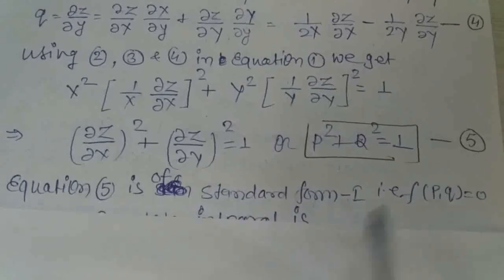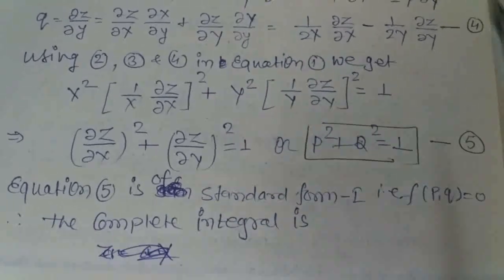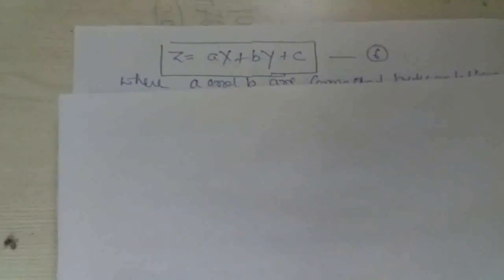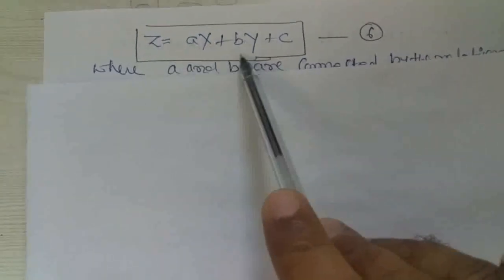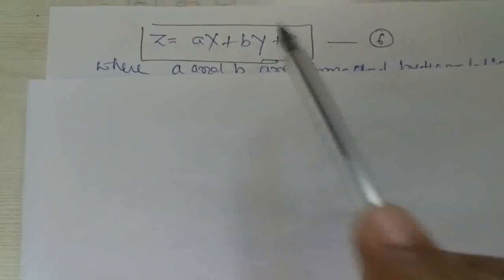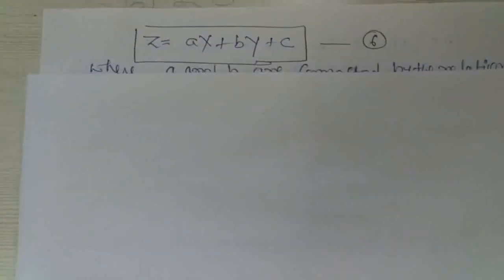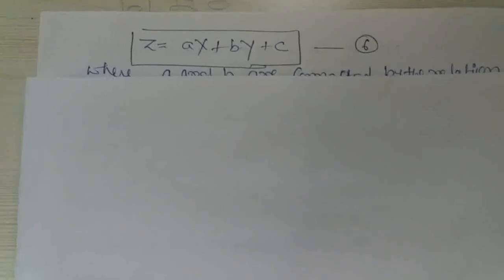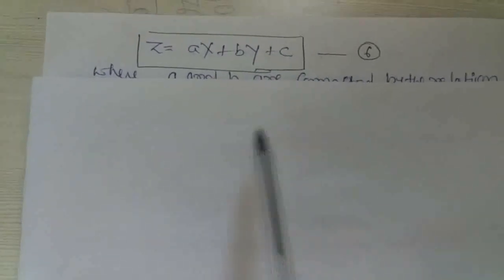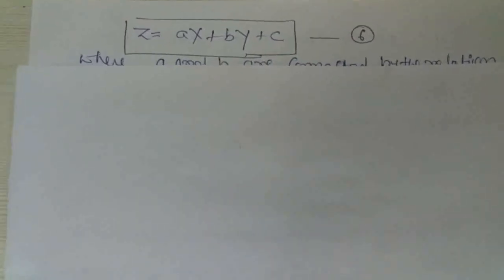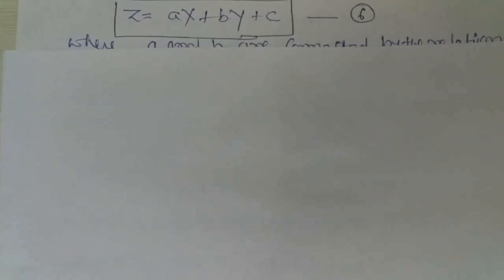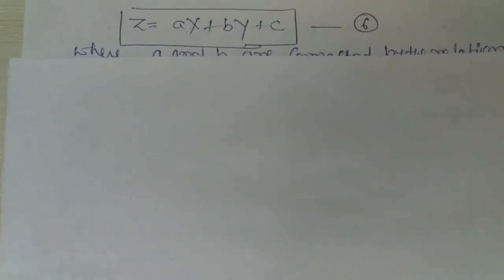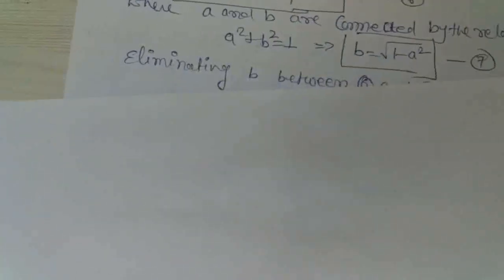So the complete integral of equation 5 is Z equal to A capital X plus B capital Y plus C, where A, B and C are arbitrary constants, and further A and B are connected by a relation, and that relation can be obtained by putting P equal to A and Q equal to B in equation 5.